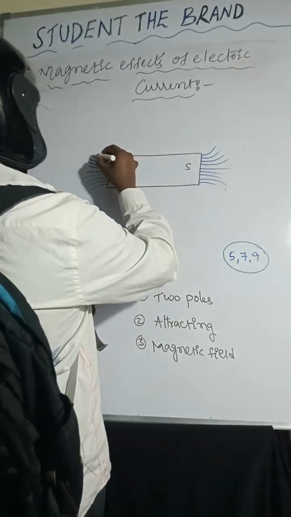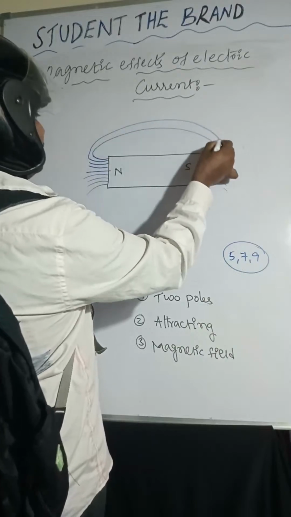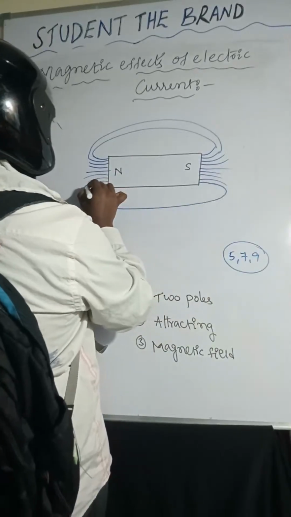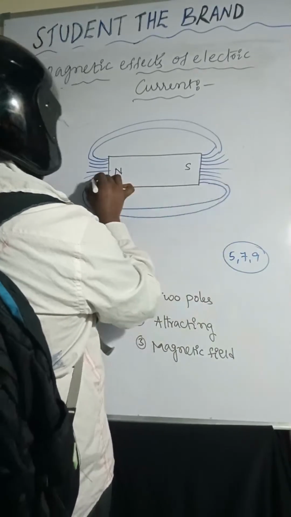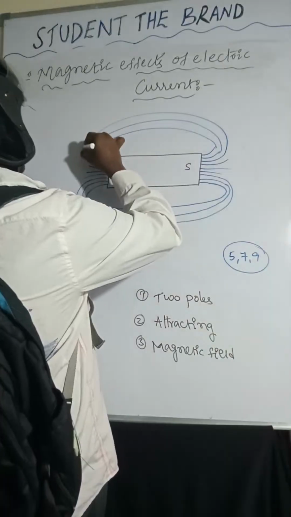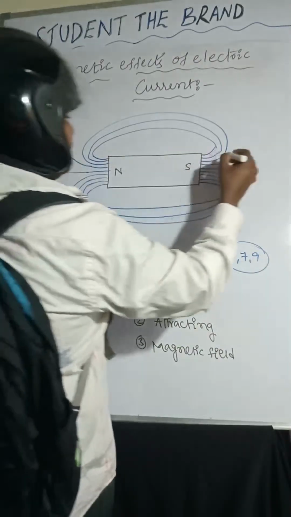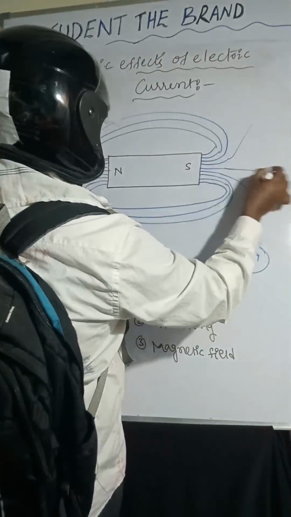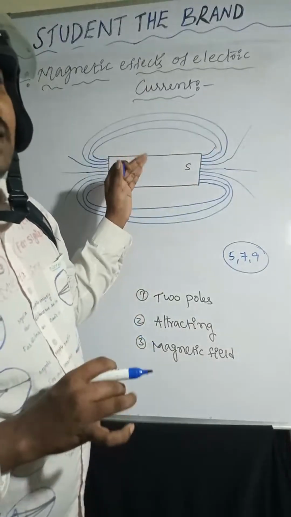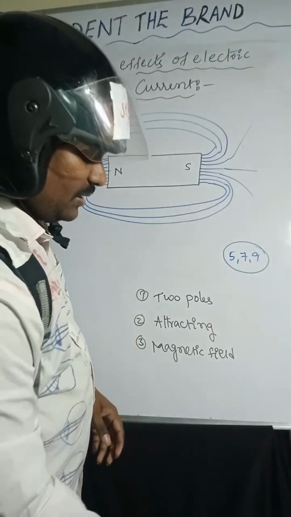Then you can join them: above you can join 3, below also 3, and here also I am joining 3. Above 3, below 3, and middle 3 like this. If you draw like this, it's good, and it looks like a neat, clear, proper diagram. So I'm picking 9.